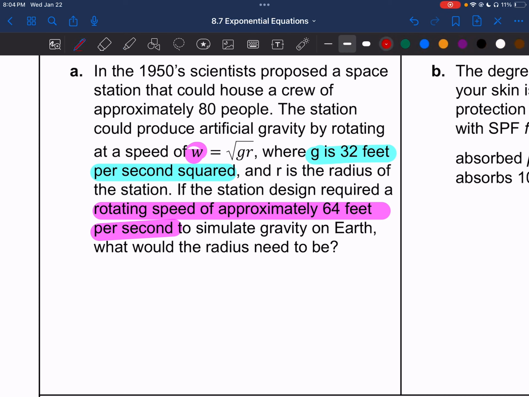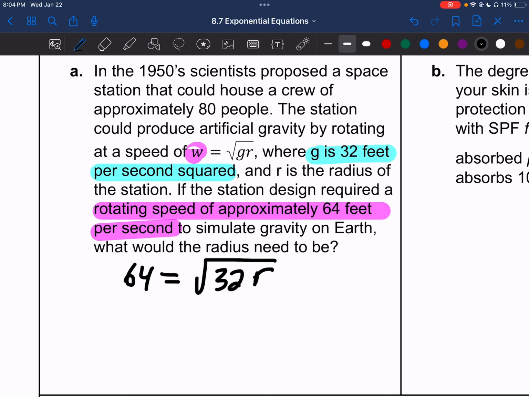So let's write our equation. So w, our speed, 64, is equal to the square root of g, gravity, 32. That's the gravitational constant for Earth at sea level. That is your gravitational constant in feet per second. It's not what we usually use in science. Usually we'll be using metric, and that'll be 9.81 meters per second squared. Anyways, I digress. So we have 32 times r.